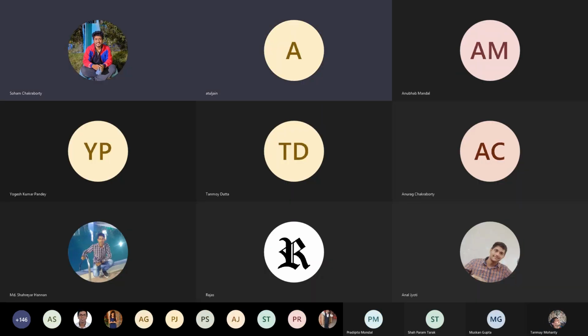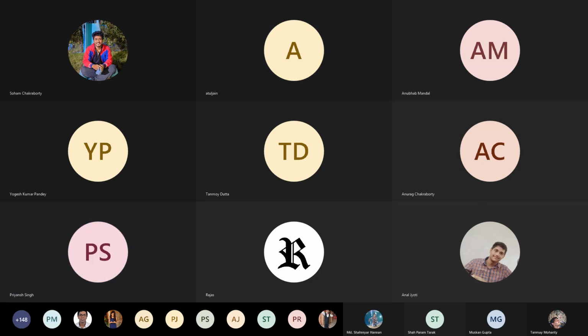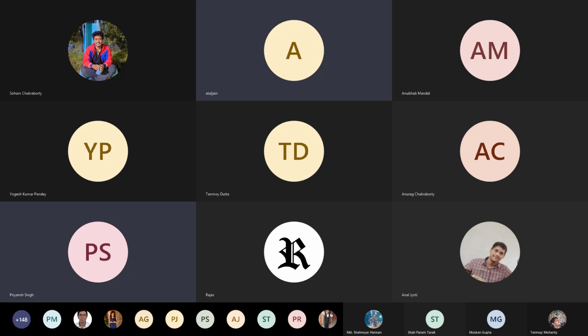Where is the freely gliding slot? One minute, I am searching for the slide where the freely gliding slot is described. Is this slide visible?